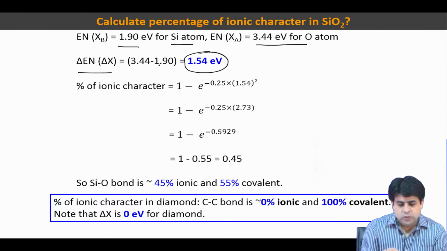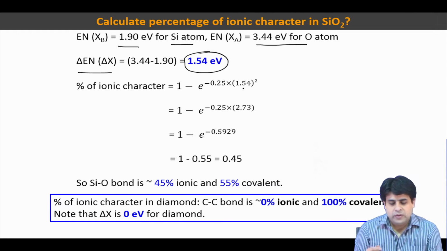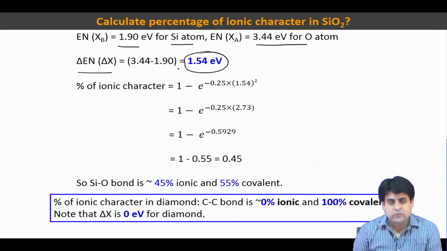You can take either atom as atom A or atom B, because even if you get a minus value, the whole term is squared, so you will always get a positive value. So this electronegativity difference is 1.54 in the case of quartz.